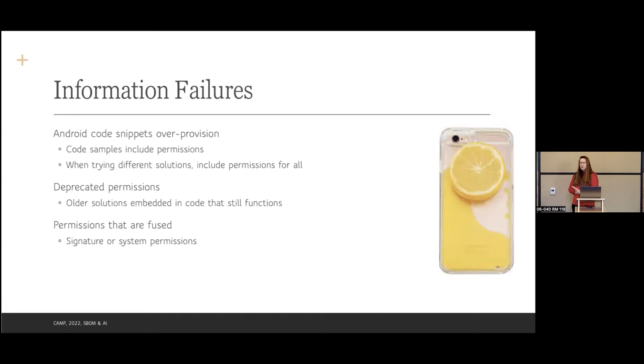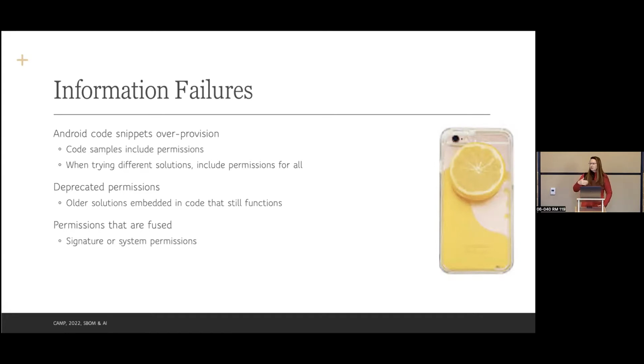So some of the problems is that code samples include permissions. So you think, oh, I've got to solve this problem. Let me try solution A. You copy in all the permissions, you run it, it doesn't solve the problem. I want to solve this problem. Let me try solution B. You copy in all those permissions, and then you're trying the problem. By the time you're at L and it's actually working, you have a huge number of permissions. Much of the permissions overprivileging comes from Stack Overflow.